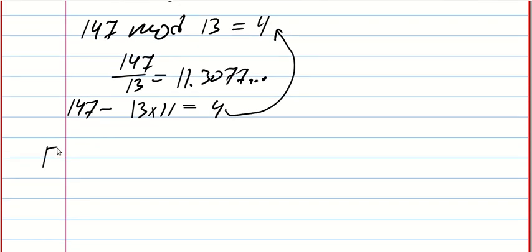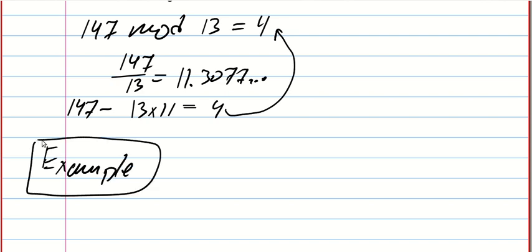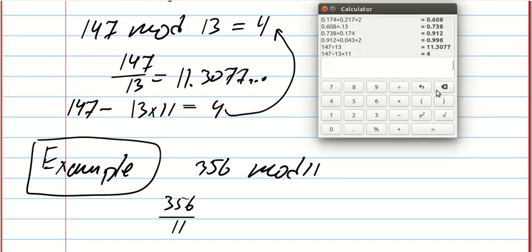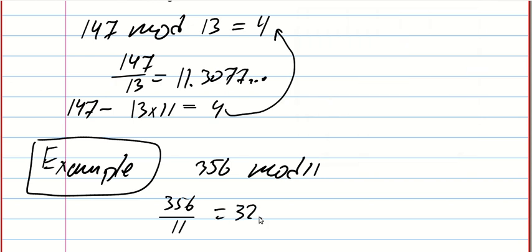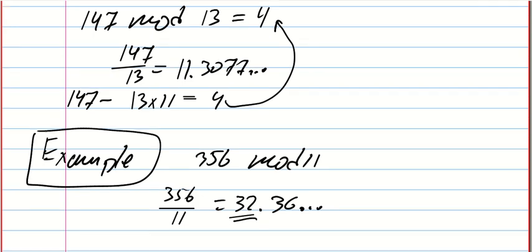Another example that we want to do is 356 mod 11. So we take 356 and divide by 11. 356 divided by 11 is 32.36, something. So the whole part is 32.